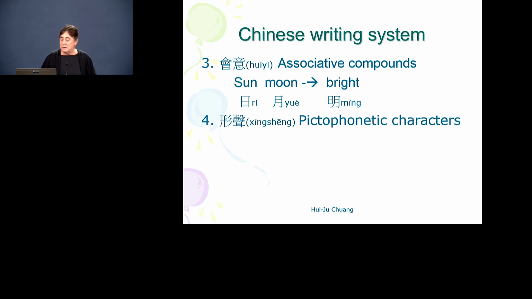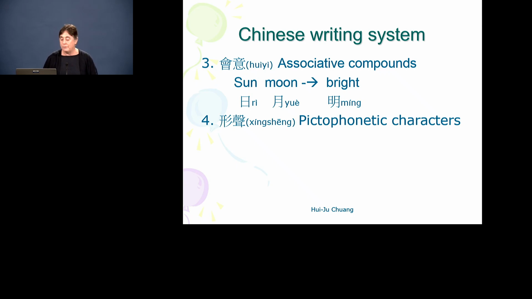Okay. Another, and this is the fourth way of producing Chinese characters, represents the vast majority of Chinese characters, and they are pictophonetic. You'll have two pieces, okay?